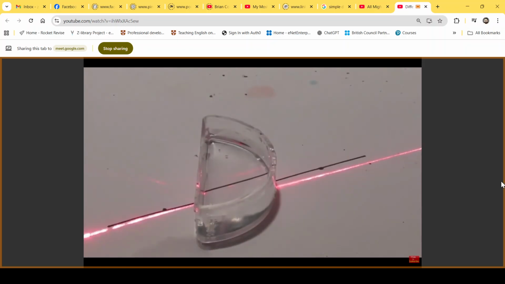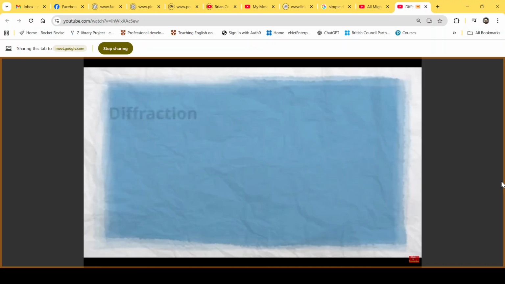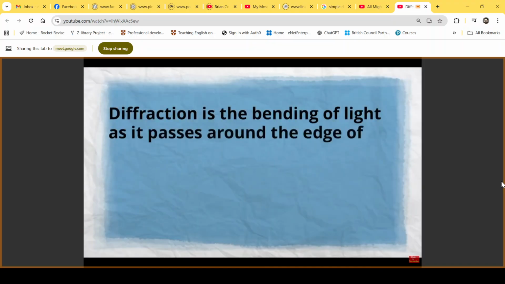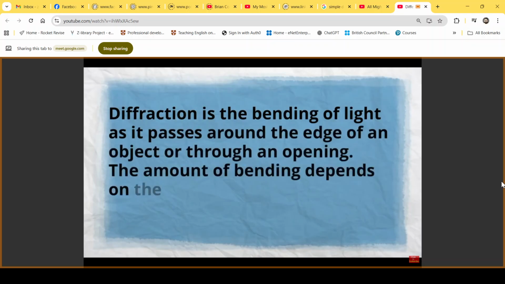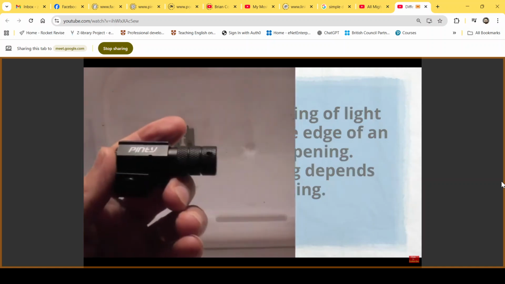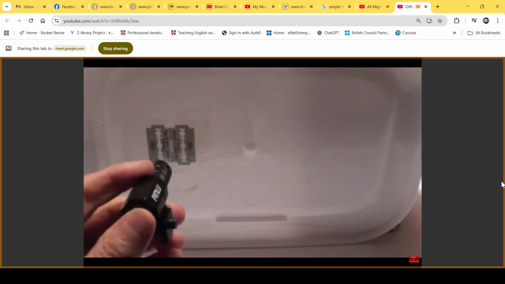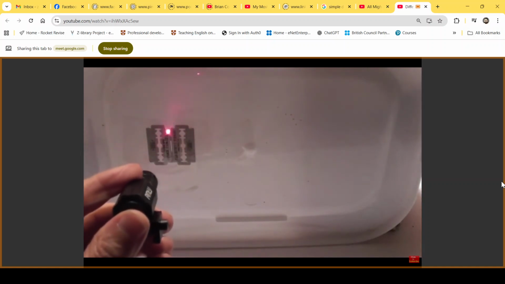Now, diffraction, it is the bending of light as it passes around the edge of an object or through an opening. The amount of the bending depends on the size of the opening. What I did was I wanted to try to create a very small opening, so I got two razors and put them very close together and shone this laser through it.